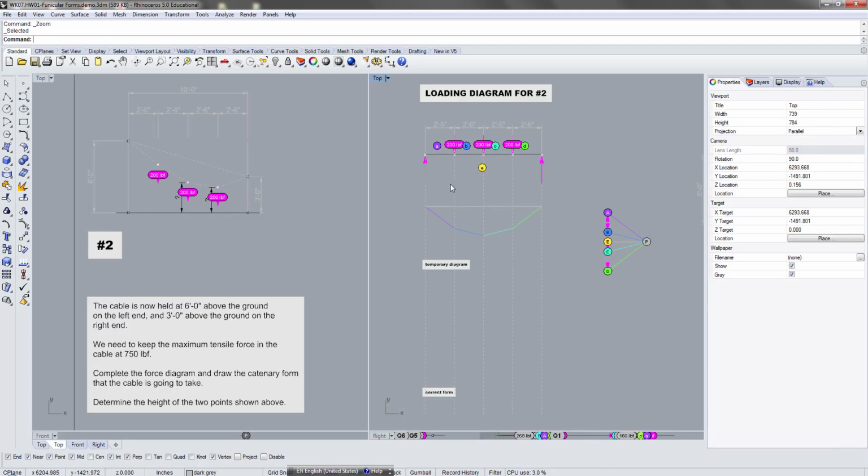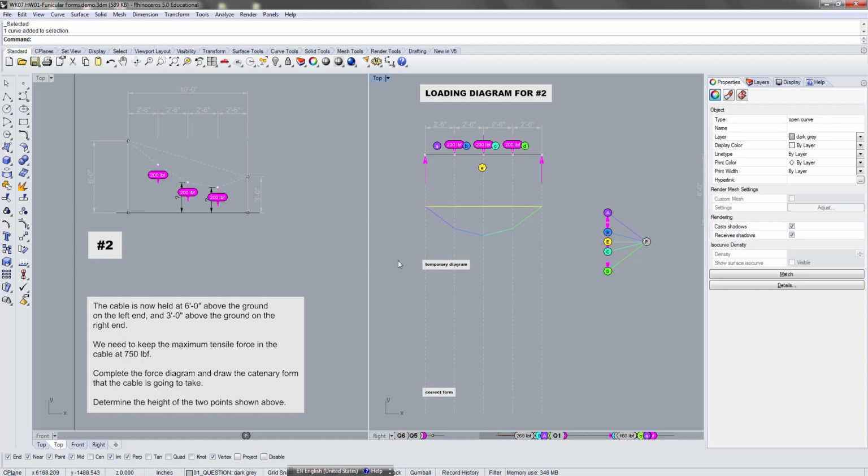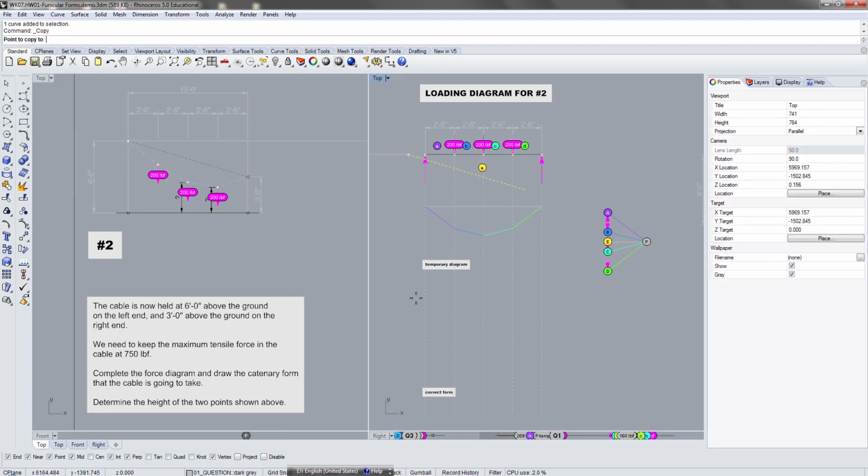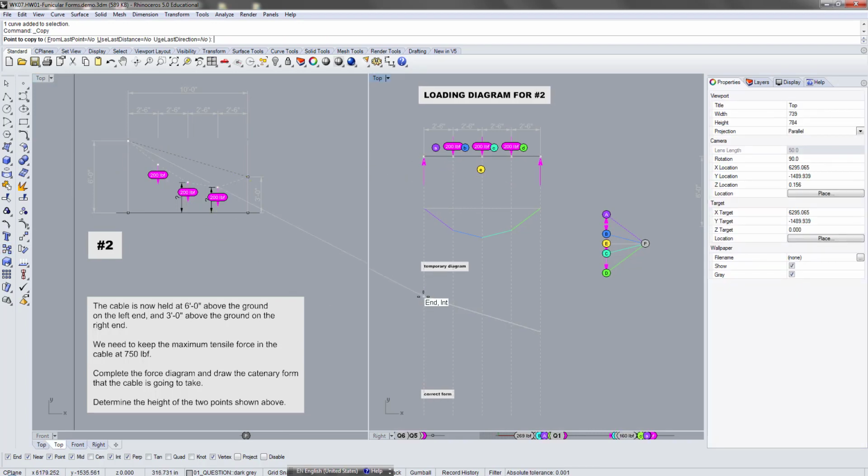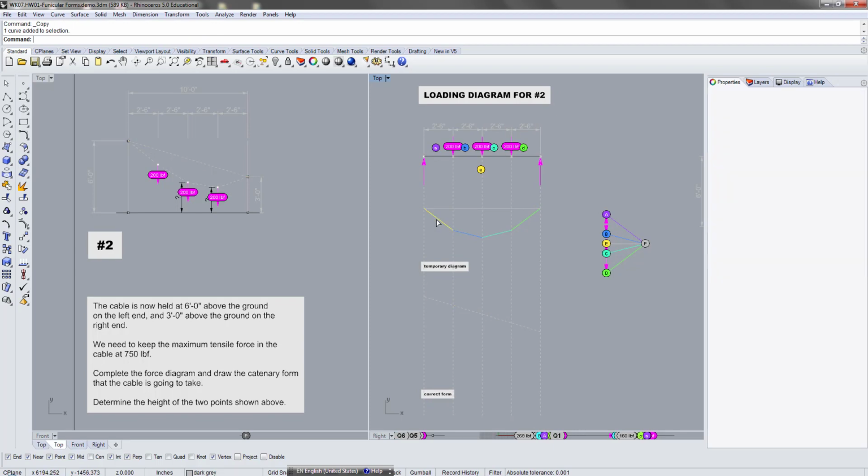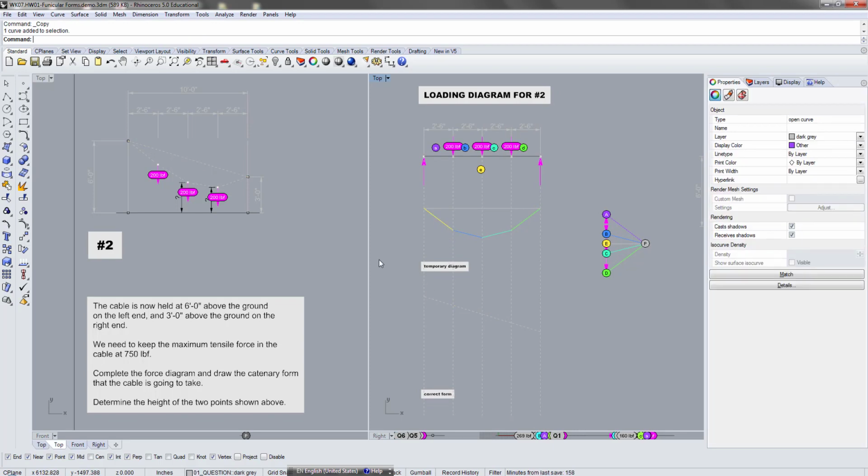So again, starting from this temporary diagram, two things that are different for sure is the top, the closing line is now sloped, so I'm going to copy it here, so that's different, and also the angle of the first line will probably change, but we don't know yet.